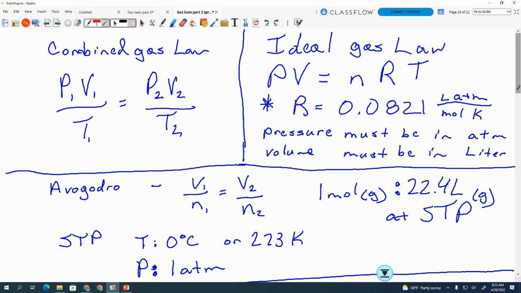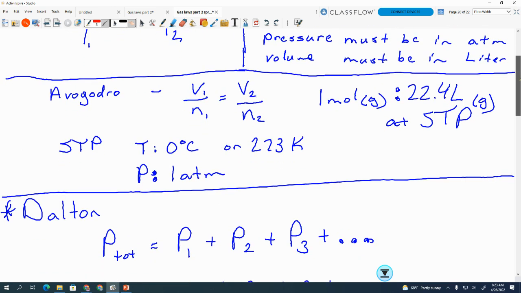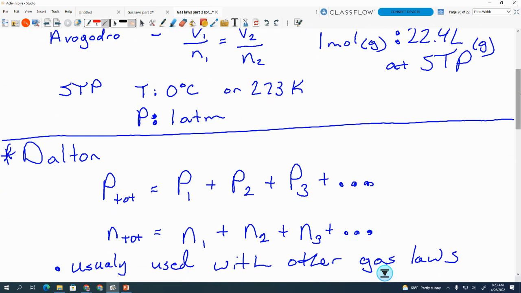Avogadro's law, volume to moles or pressure to moles. Remember the gas constant over there. And then the only other thing that I would really include, and like I say, this one is not a hard one, is Dalton. Remember that Dalton can either be pressure or moles. All right. And so that's pretty much it.